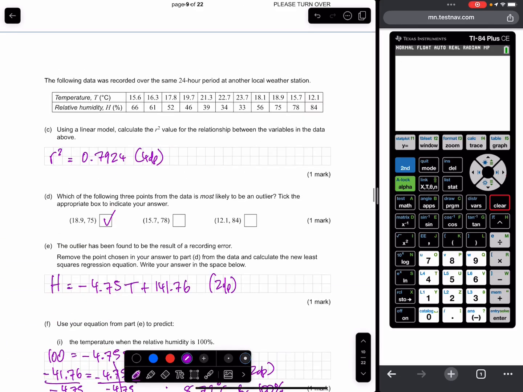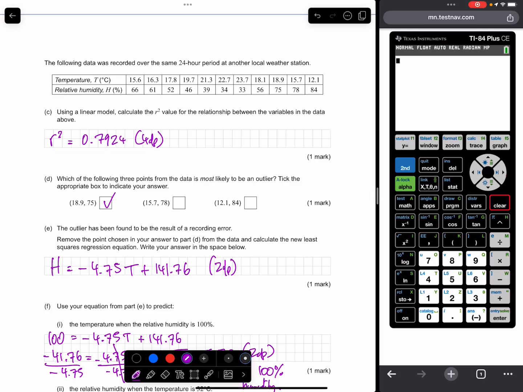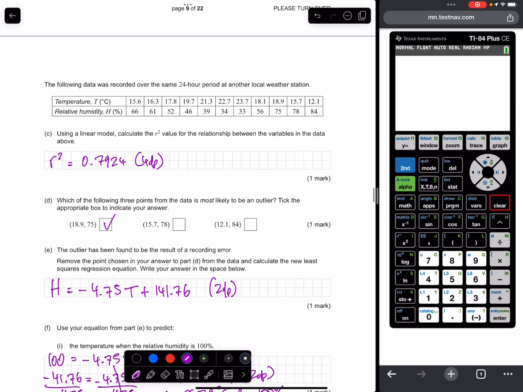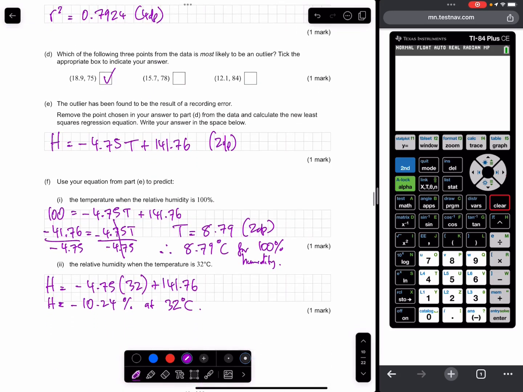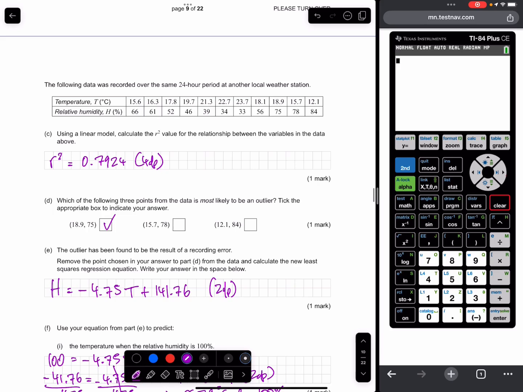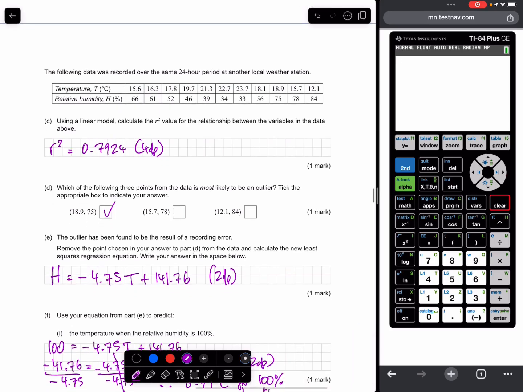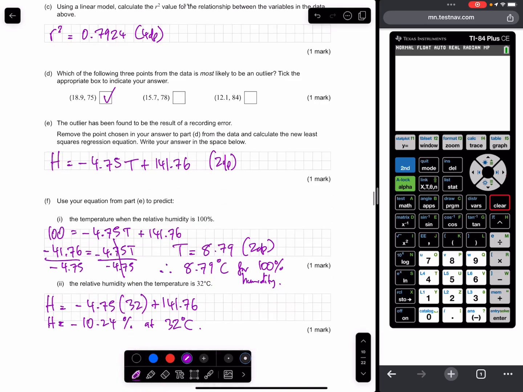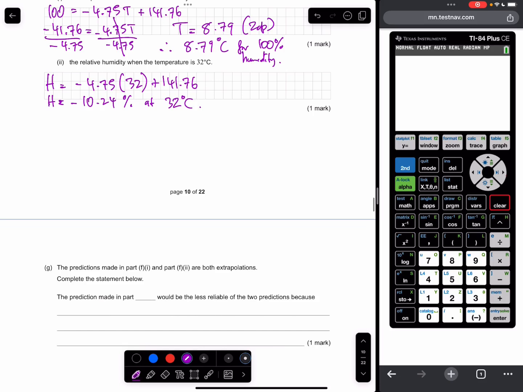Temperature is 32 degrees. Do we have any 32 degrees? Yeah, so part 1, the prediction made in part 2.